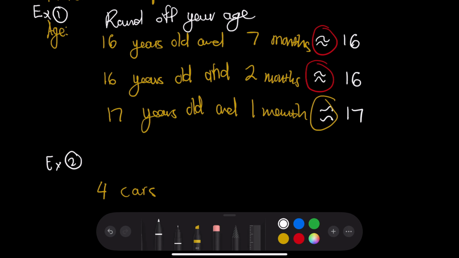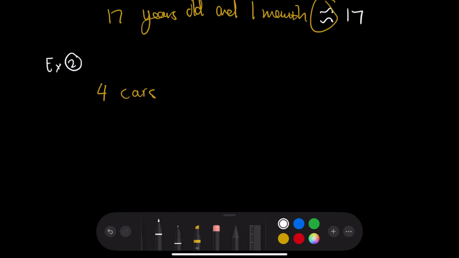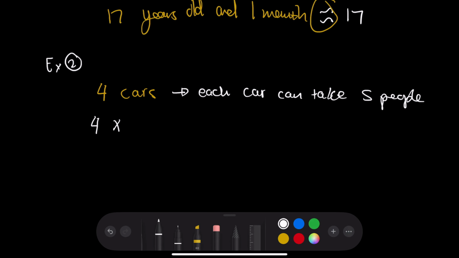Let's say you have 4 cars, right? And each car can take 5 people. So if you think about that, I have 4 cars, I have 5 people each, then I can only accommodate 20 people.